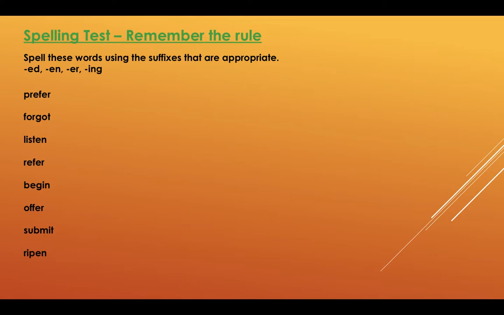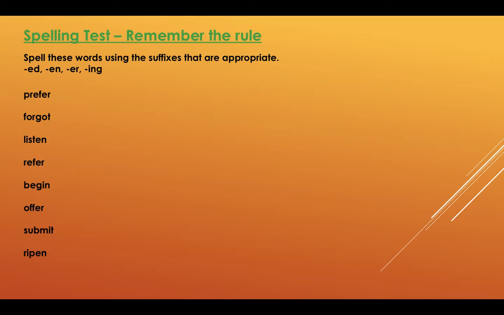You'll need to pause the video or come back and watch the video later. So you have to remember the rule for adding ed, en, er, ing. It says spell these words using the suffixes that are appropriate. So we have prefer. Which suffix can you add to prefer? And the key here is remember the spelling rule.